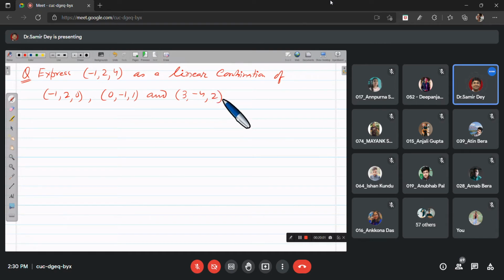Listen carefully. Now anyone can tell me what is the difference between the last question and this question? What is the difference? Anyone?